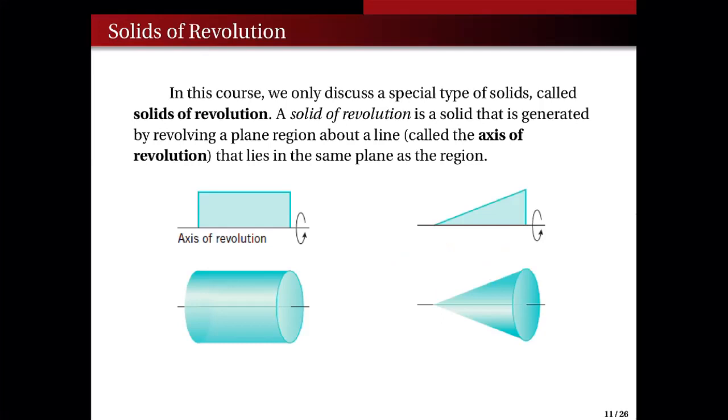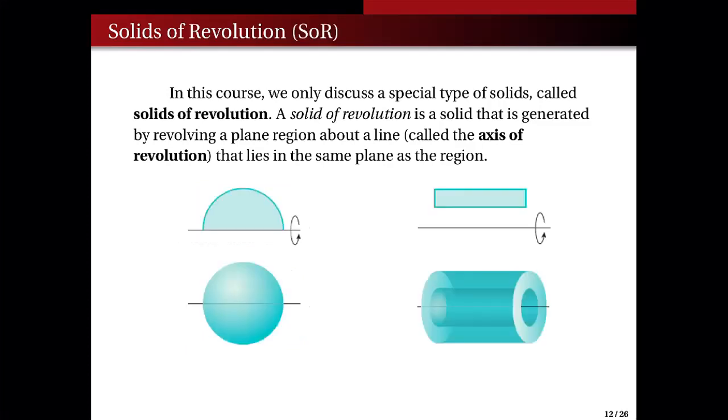The axis of revolution contains a side of your region, but there are also those solids obtained by revolving a region about an axis of revolution which does not contain any part of the region, just like this. So we'll derive a formula for getting the volume of these kinds of solids.